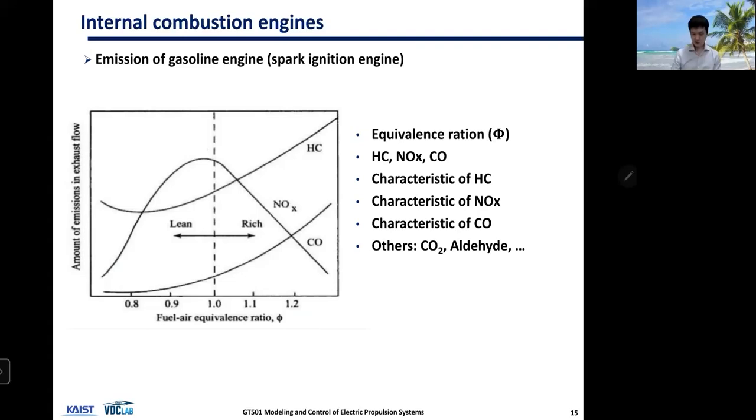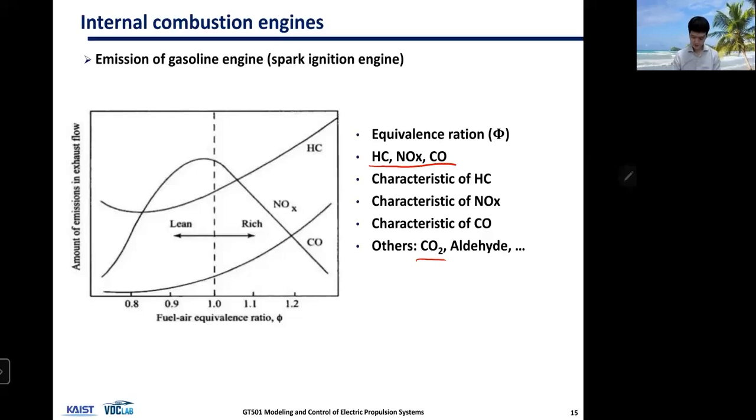So in the case of a gasoline engine, hydrocarbon, NOx, and CO are the 3 main harmful emissions. And the goal is to convert these 3 emissions into either water, H2O, CO2, and nitrogen.